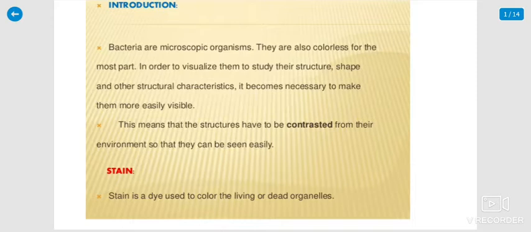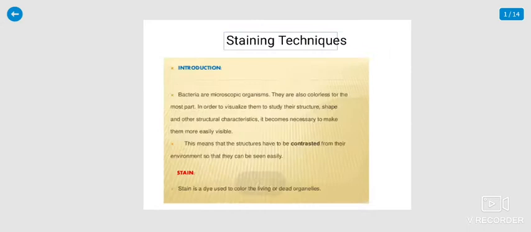This means the structures have been contrasted from their environment so that they can be seen easily. The stain is the dye used to color living or dead organelles.